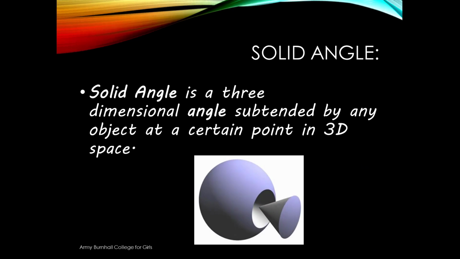Okay, so as steradian is the unit of solid angle, let's define solid angle. It is a 3-dimensional angle subtended by any object at a certain point in 3D space. You can see over here we are having this angle which is a solid angle, a 3-dimensional angle.